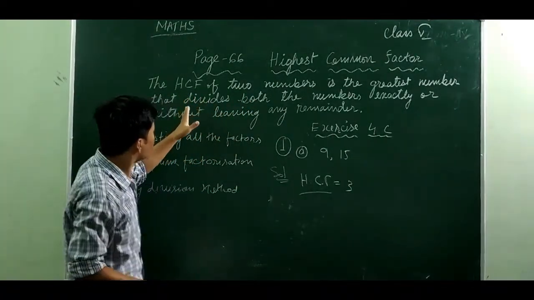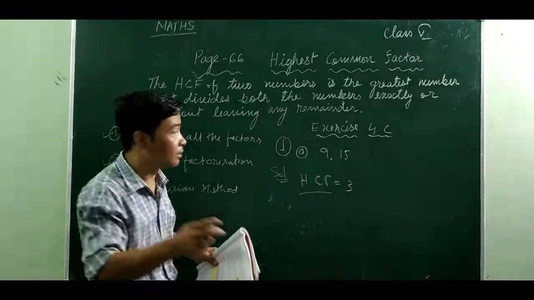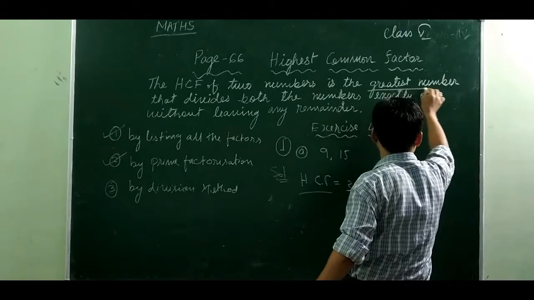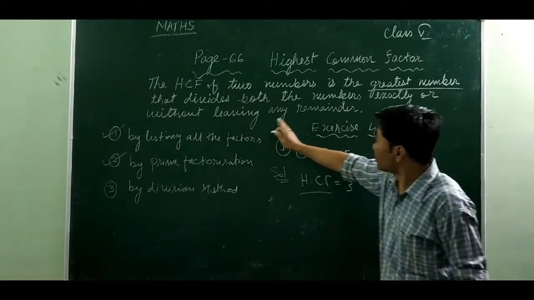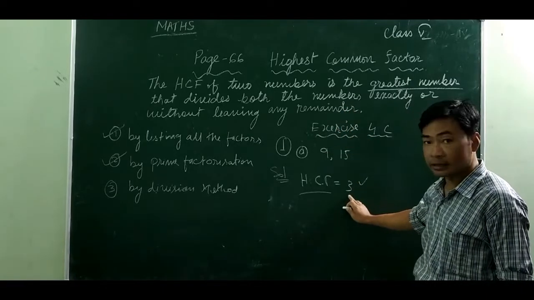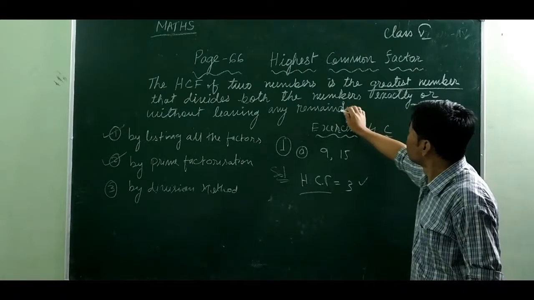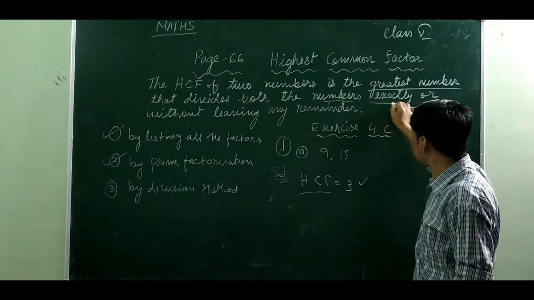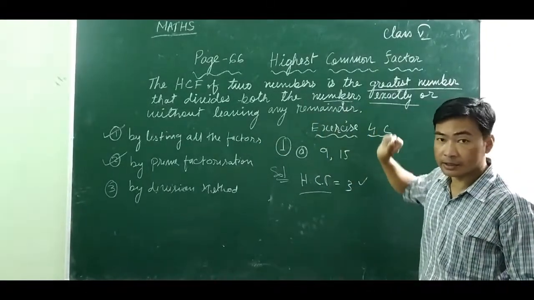What does it say? The HCF of two numbers is the greatest number that divides both numbers, 9 and 15, exactly, without leaving any remainder. That's the highest common factor.